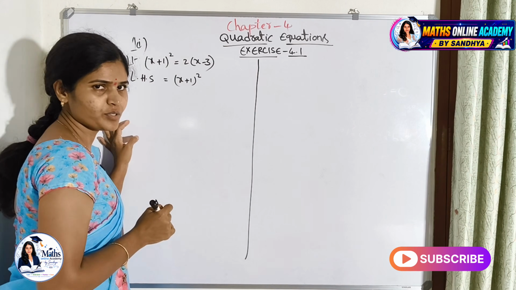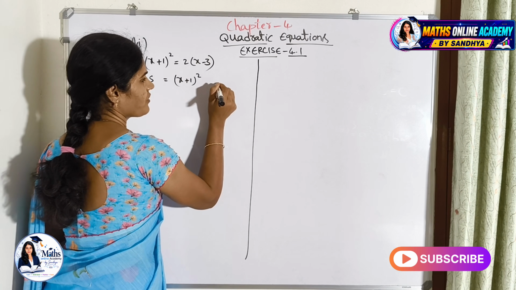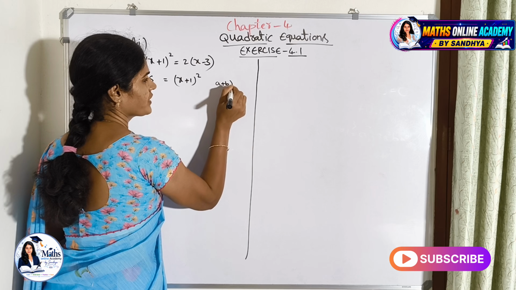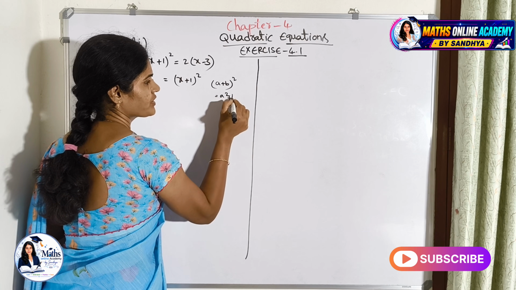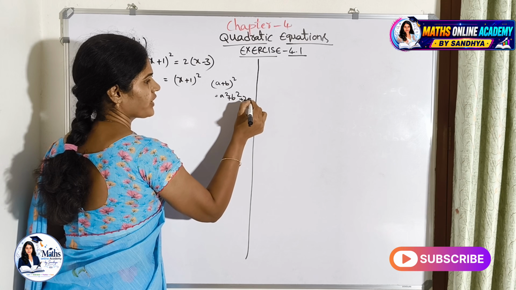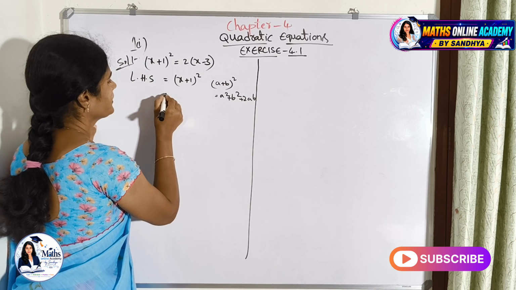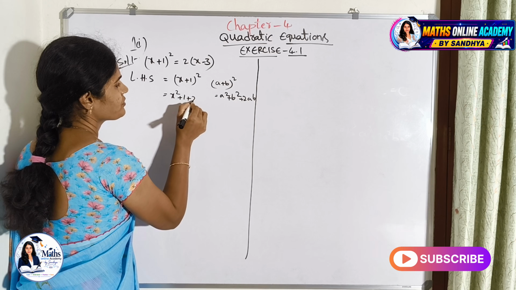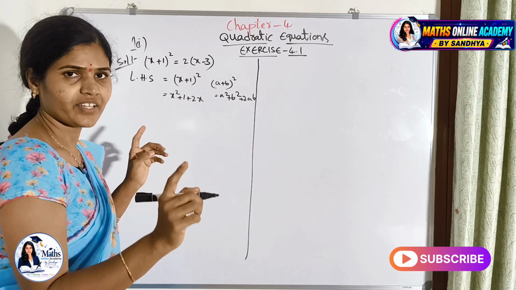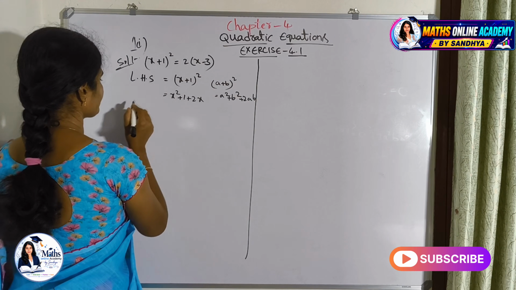This is like (a plus b) whole square. What is the formula of (a plus b) whole square? (a plus b) whole square equal to a square plus b square plus 2ab. Write down: x square plus 1 square, that means 1, plus 2x. 2ab means 2 into 1 into x, 2x.